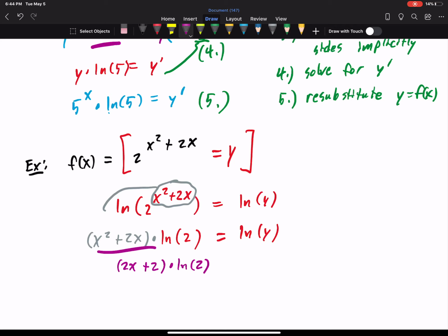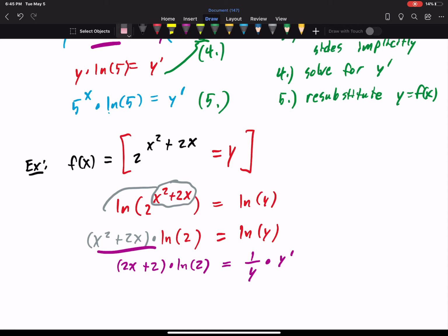So the natural log just came along for the ride. Nothing unusual about that. We just derived the variable stuff. Then on the right-hand side, we derive this implicitly. So this gives us 1 over y times y prime, because the derivative of the inside of this log was y prime. Okay?